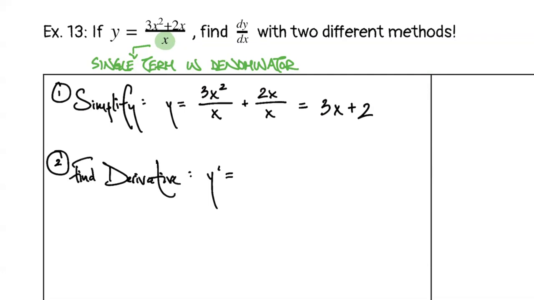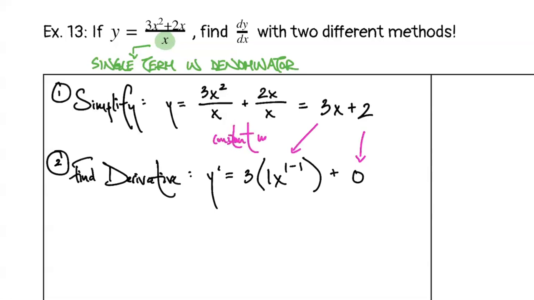So if I were to think about using the constant multiple rule, I could say 3 times 1x to the 1 minus 1, plus the derivative of just the 2 goes to a 0, and this is the constant multiple rule. And this one is just the constant rule.